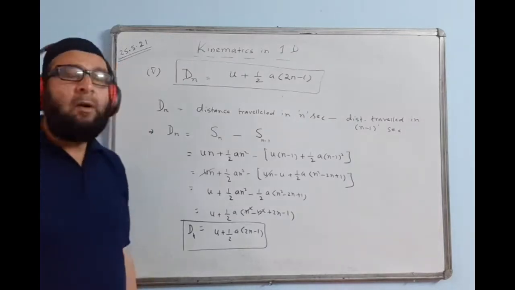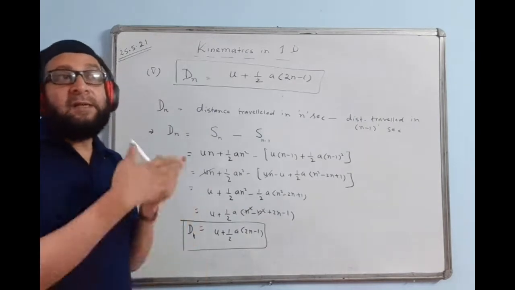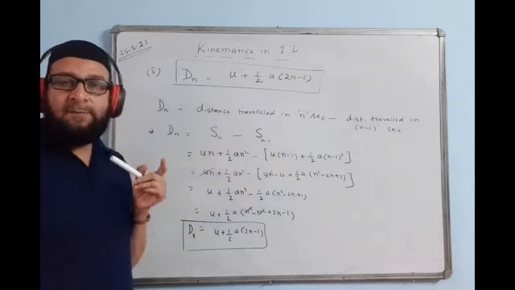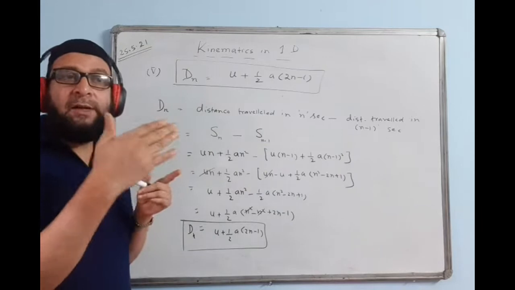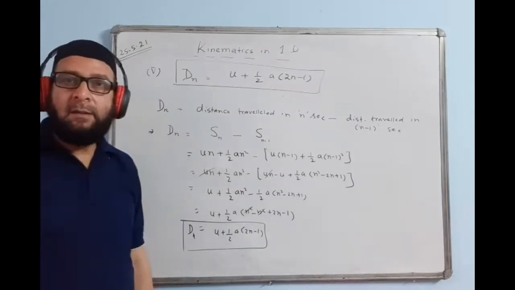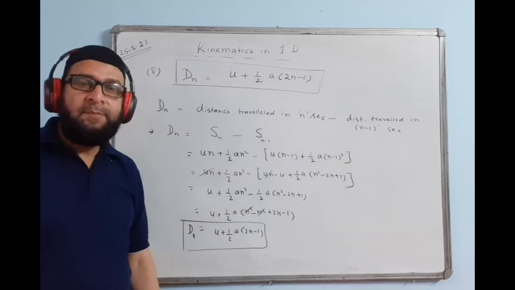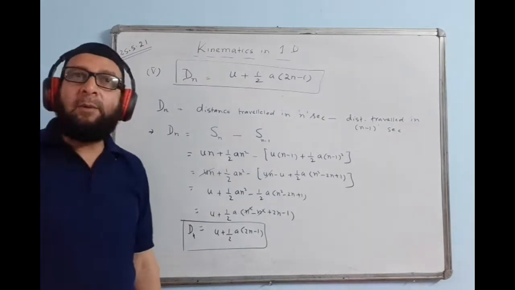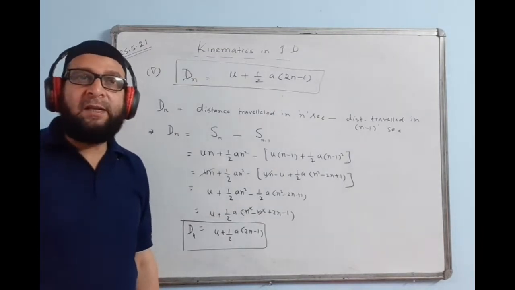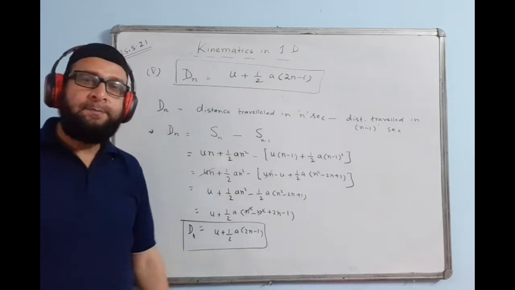Tell me. How do you find? You will first find the distance moved by the body in 10 seconds, minus the distance moved by the body in 9 seconds, one lesser than that. Am I right or wrong? Tell me. Same way, if you have to find the distance moved by the body in the 20th second of the time, how will you do? Tell me.